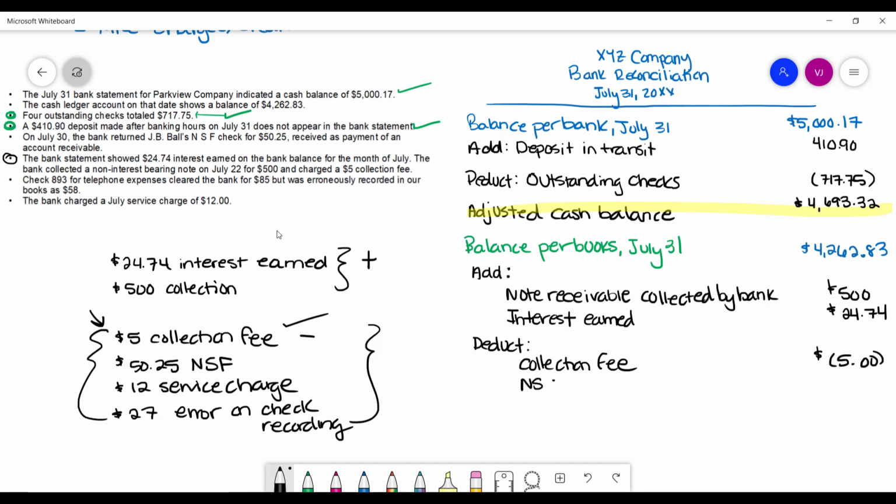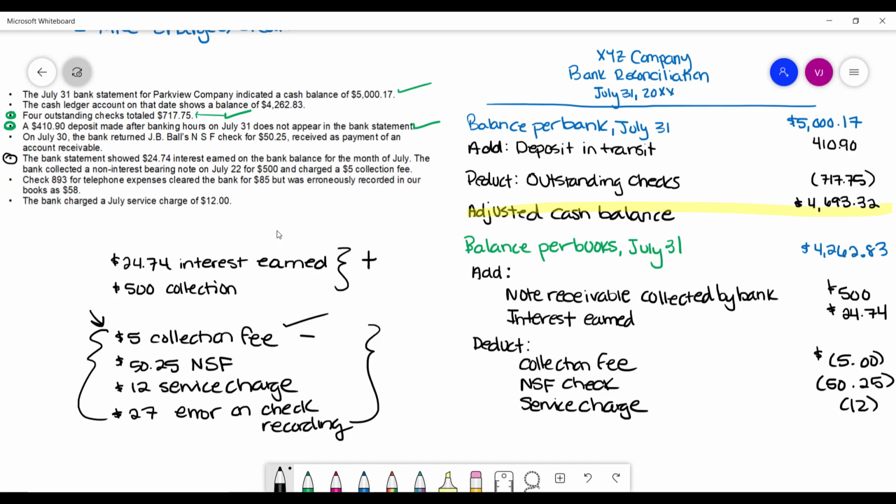When we get a check from a customer, we record it as an increase to cash on our books, but if the check ends up bouncing at the bank, then the bank never deposits that money. So we have to subtract out the NSF check once we find out about it. That's for $50.25. We have a service charge for the bank services that they automatically charge to our account. We haven't yet recorded that on the books.